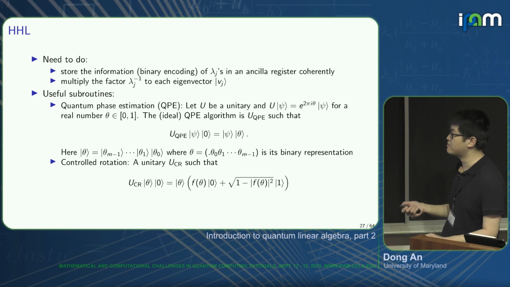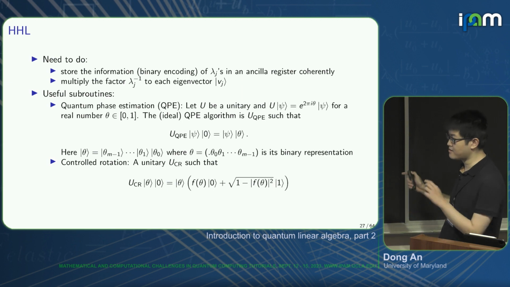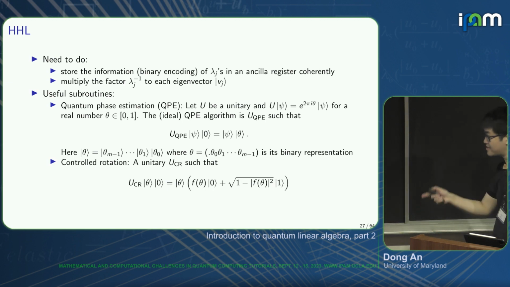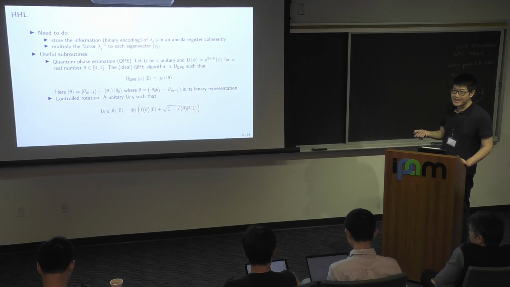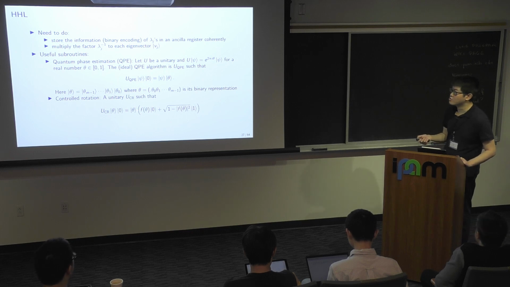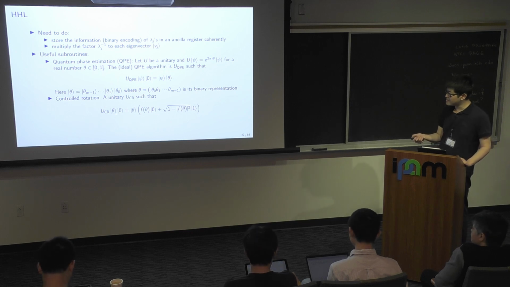Basically, it is a unitary operator, and if we have psi to be the eigenstate of a unitary, and theta is the corresponding phase or eigenvalue, then we can just encode the binary representation of this theta in another register. This is the ideal phase estimation algorithm. After we get this information, the second operation is the so-called control rotation. It is a single qubit rotation.